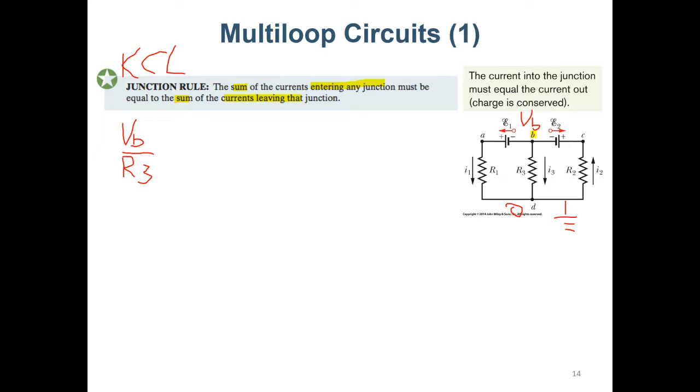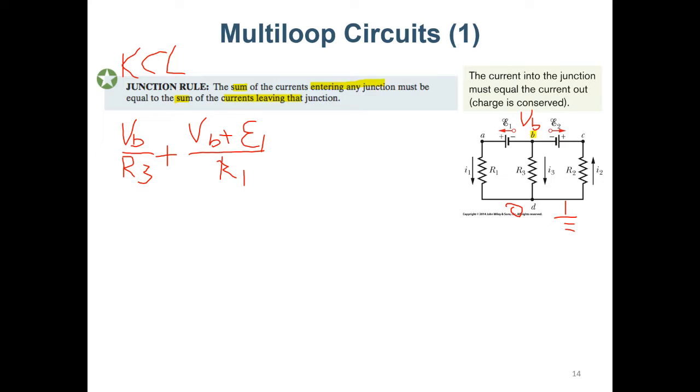And for I1, as long as this one is VB, this point should be VB plus E1, and this is 0. So the current I1 should be VB plus E1 over R1. Maybe you can put a minus 0 in the numerator.